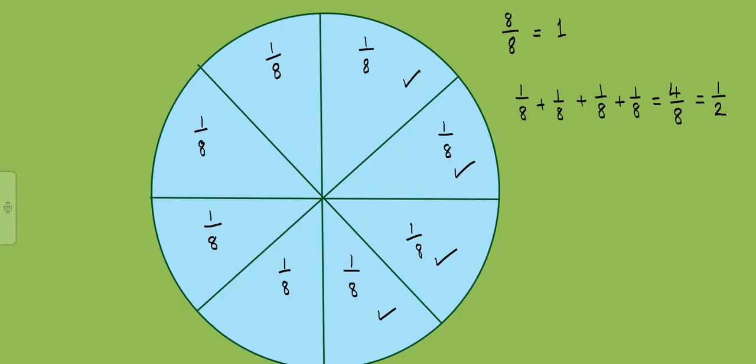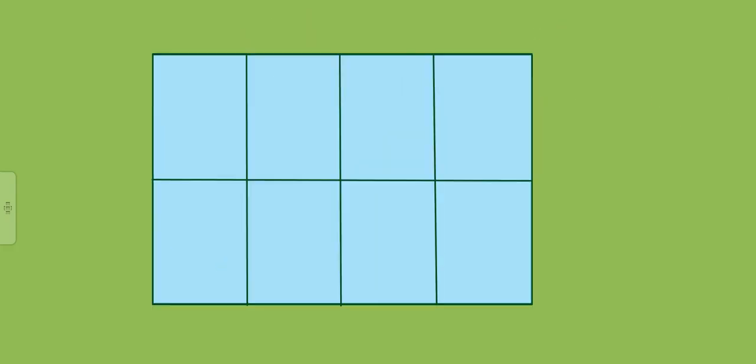Okay. Now, it doesn't have to be a circle. We can split anything up into 8 parts. It could be an amount, it could be a shape, it can be anything, as long as each part is the same. So again, these are still 8ths. And what we're hopefully starting to see here is that we're kind of arriving at a rule. So when we're adding, the numerators are added, but the denominator stays the same.